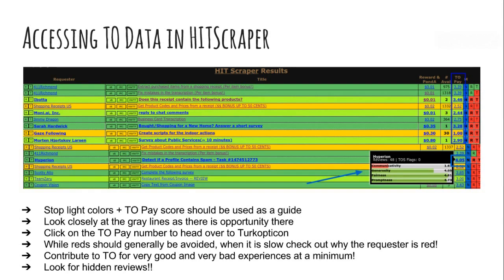You look at the data and you say to yourself, am I comfortable with what I'm seeing? Or no, I'm not comfortable, and I'm going to go digging around in Turkopticon and see what the deal is with this requester. So, again, I just want to make sure that everybody feels like they have at least the basics on how to get information, especially in the beginning, so that they can protect their approval rating. Because there are requesters out there that are looking for free work. No, I'm not going to mince words about that.